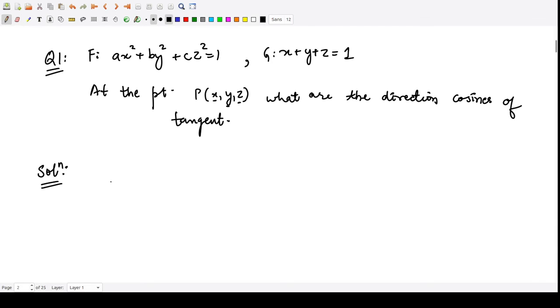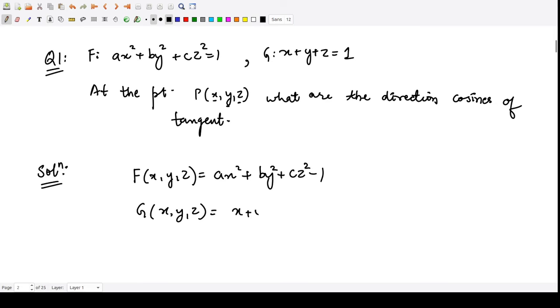Suppose your surface f(x, y, z) is equal to ax² + by² + cz² - 1, and the other surface g(x, y, z) is equal to x + y + z - 1. So these two surfaces are given to you.